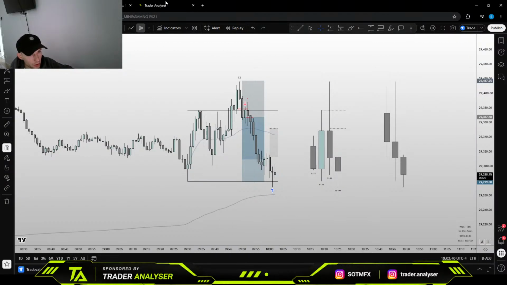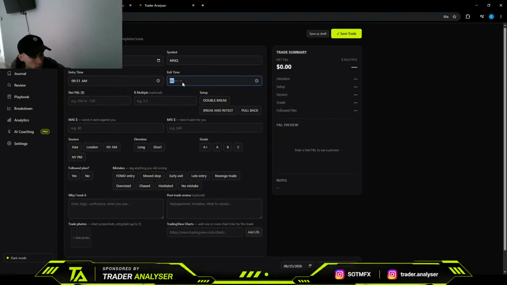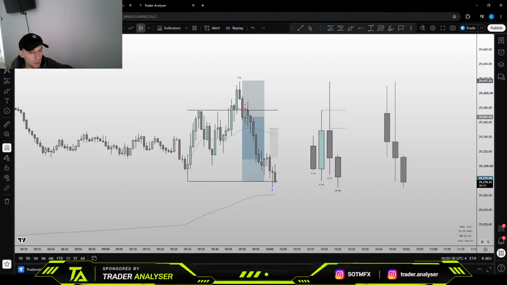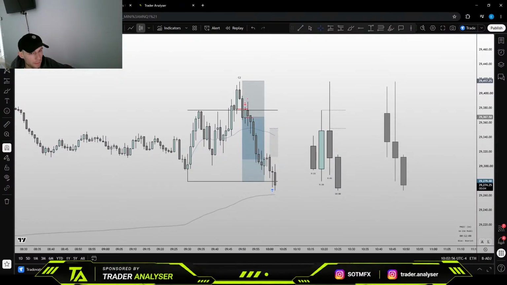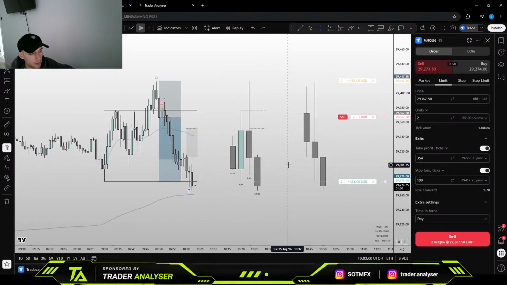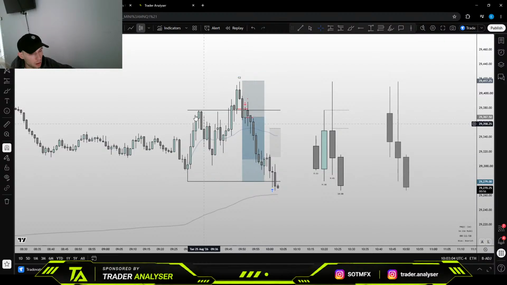So 10 minutes straight. So I did secure 350. So how much did I actually risk for this trade? I risked 200, made 350, which is good.